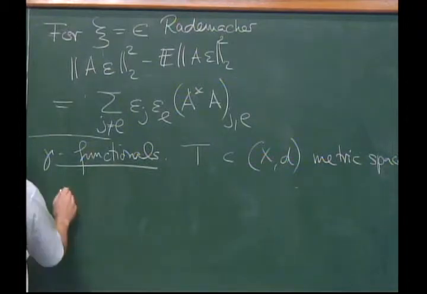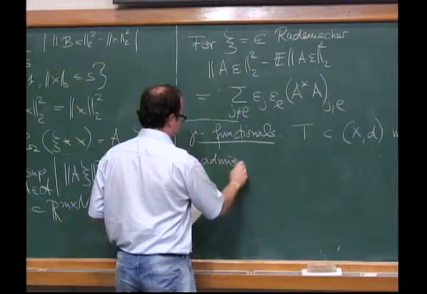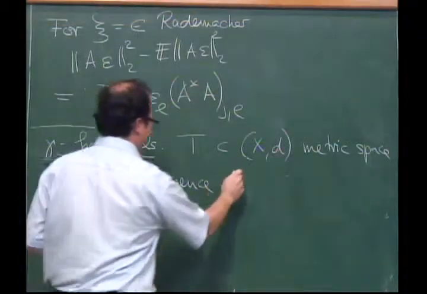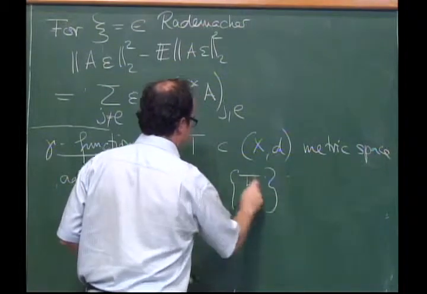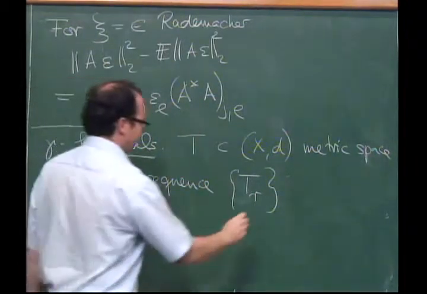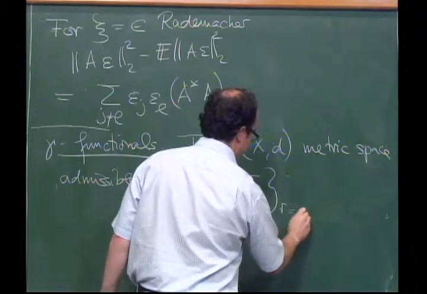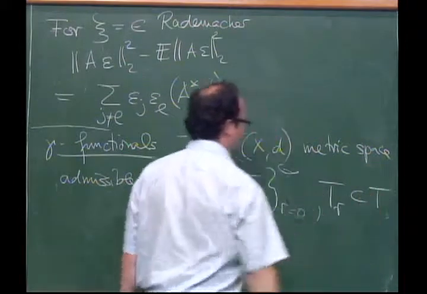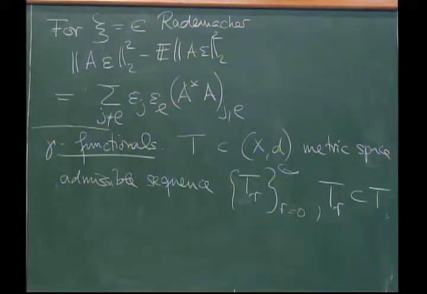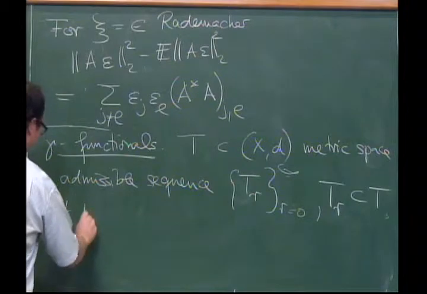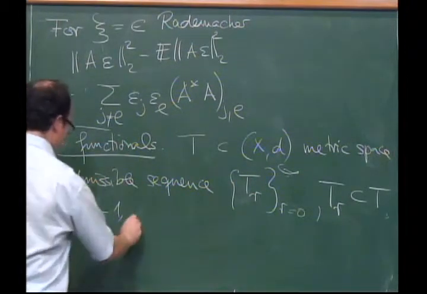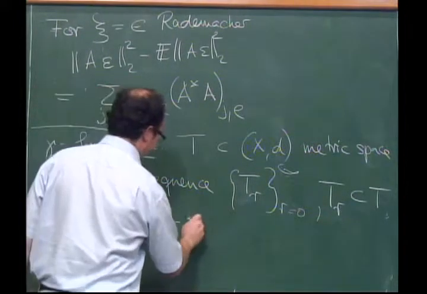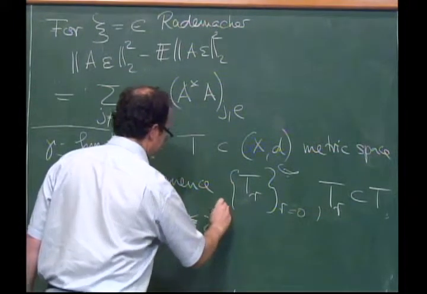We say a sequence of subsets of the set T, T_r subsets of T, is admissible if the cardinality of T_0 is 1 and the cardinality of T_r is less than or equal to 2 to the r.